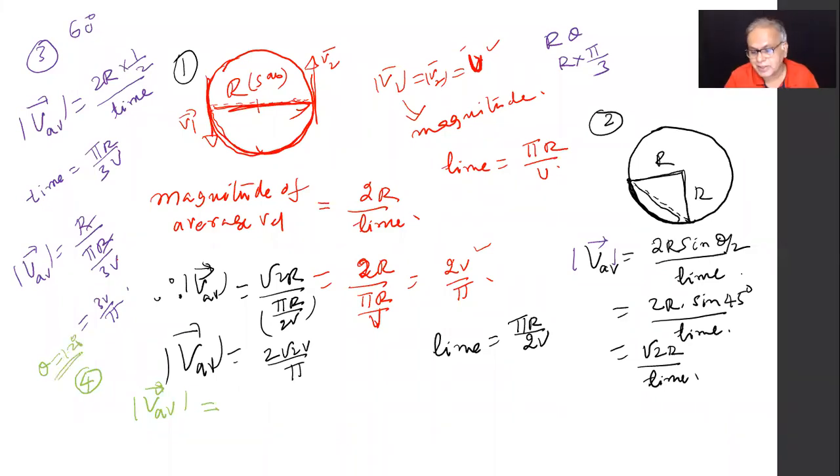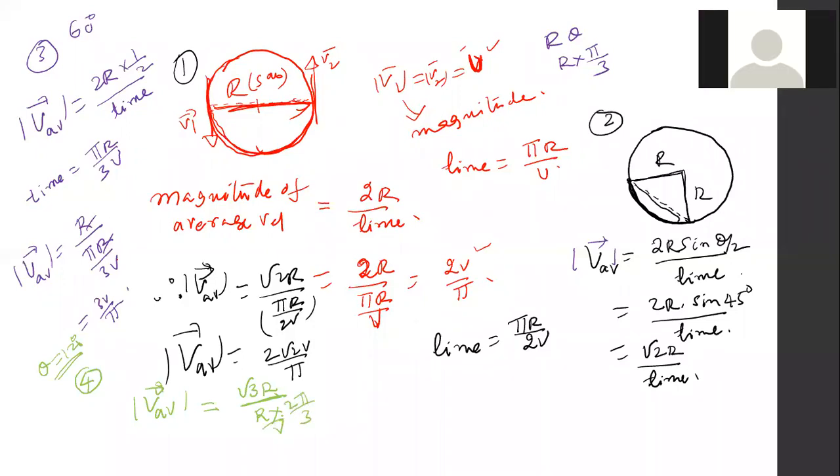So 2r sine 60. Sine 60 is root 3 by 2. So what do I get now in the numerator? R root 3, by time. Time is also distance by speed. Distance will be r theta, theta in radians. For 120 degrees, how much? 2 pi by 3, by v.